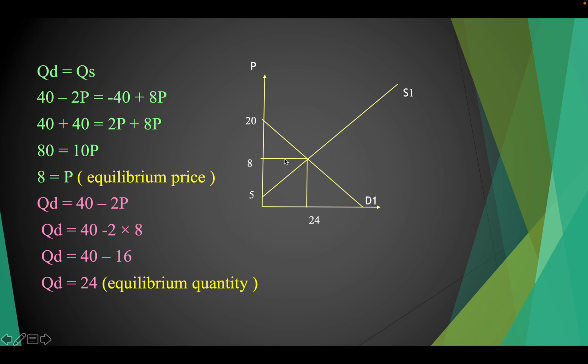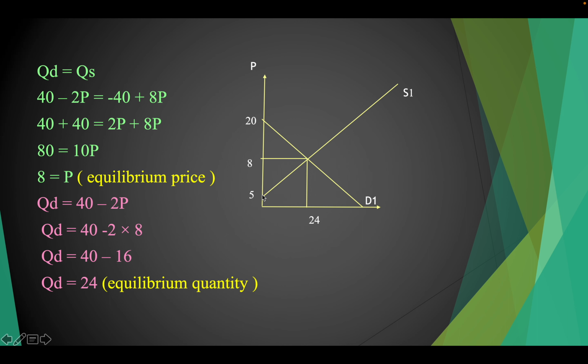Children, the triangle above the equilibrium price is the consumer surplus, and the triangle below the equilibrium price is the producer surplus. So to find the producer surplus and consumer surplus, we have to find these places. This is the consumer surplus and this is the maximum price the consumer is willing to pay. We have to find that one.